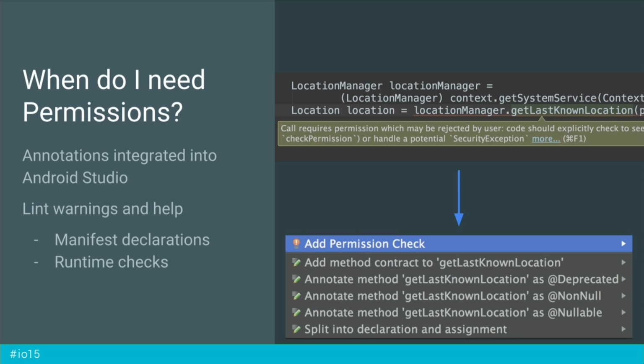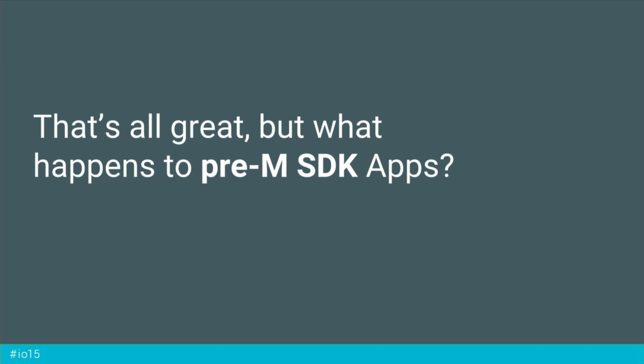When you're using Studio and you add a function that needs a permission, in this case I'm using the location manager to get the location of the user, I'll get a warning saying your APK doesn't actually declare the necessary permission to use this function. We'll also notice if you don't have a check around it, so you're not guarding this particular call. And we give you a templatized version where we can populate a little boilerplate code to help you do a request. That way everything works for our M apps on the M SDK.